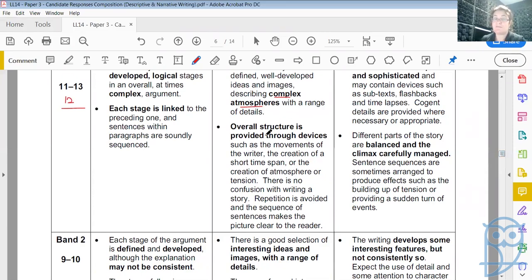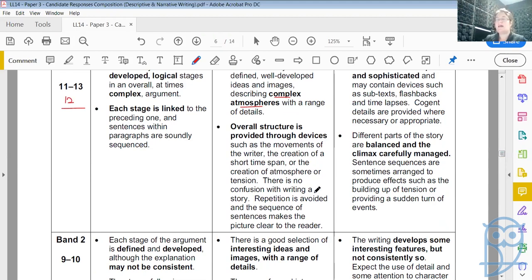Overall structure is provided through devices, such as the movements of the writer, the creation of a short time span. Okay, it's not figurative, it's just writing devices in general. So movements of the writer, the creation of a short time span, or the creation of atmosphere or tension. There is no confusion with writing a story. There was not a story, even though there were things that happened.